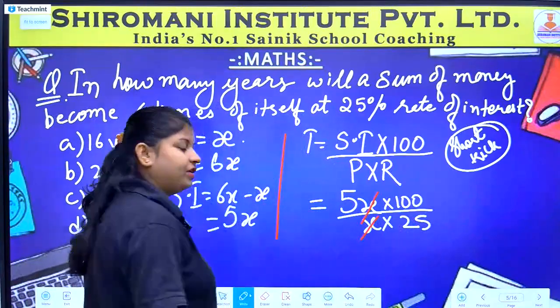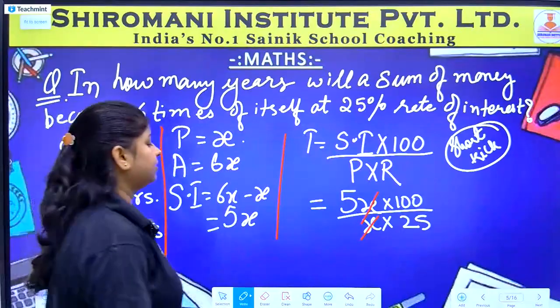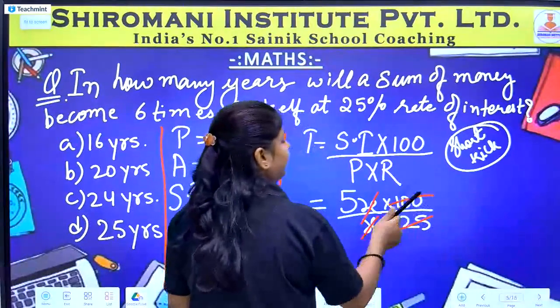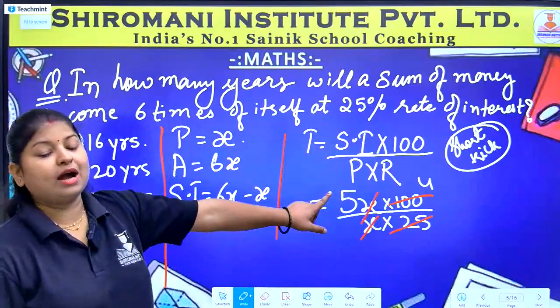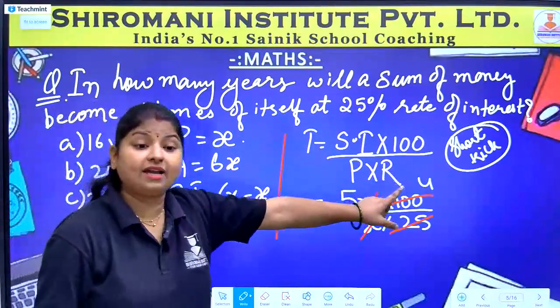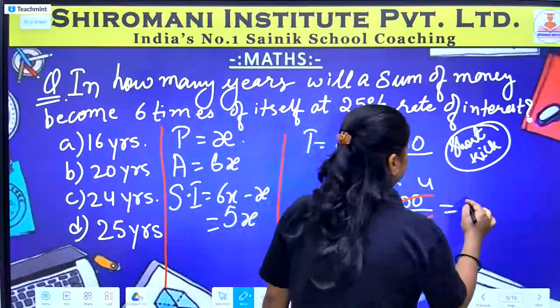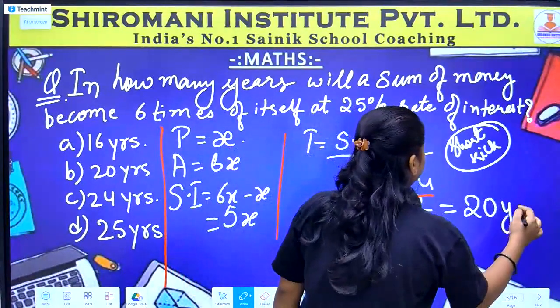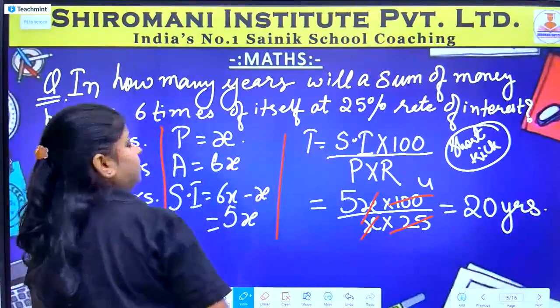X and X you will cut. 25 1s are 25 and 25 4s are 100. You are left with 5 and 4. So 5 into 4 is 20 years. My answer, that is option B.